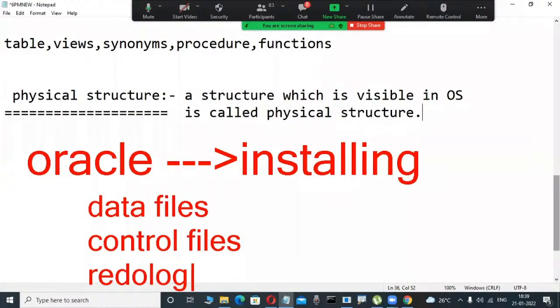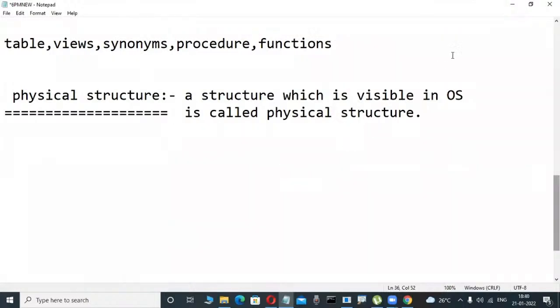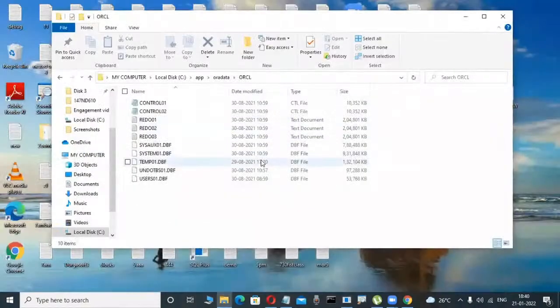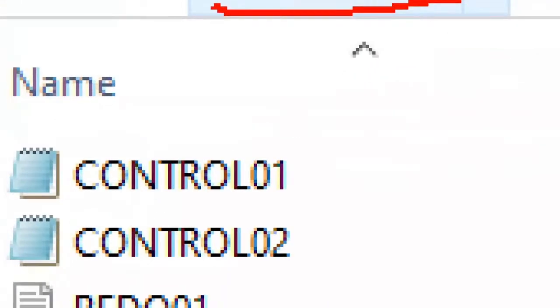You don't have an idea about these things yet. In the future, in the DBA concept, this is just a rough introduction in our course. Whenever I'm installing the Oracle software, some files are created on the disk, in the C drive or D drive.